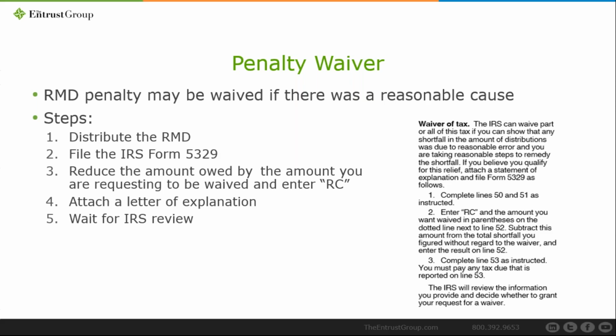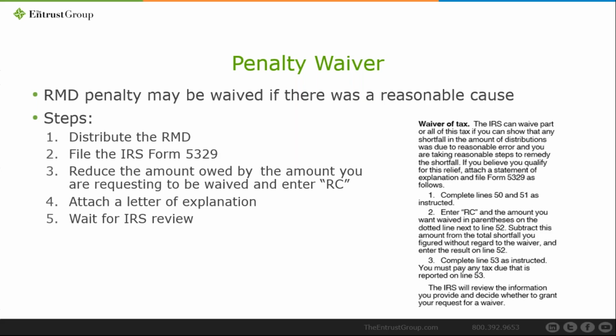And then from there, using the IRS form 5329, and it's on part 9, I believe, of this form, is where they will tell the IRS the amount that would have been subject to the 50% penalty, and put RC on the particular line. I believe it's line 53 of that form, and attach a letter on the back of that form stating what their reason is, whether it be they got stuck outside of the country because of a terrorist attack and they can't get back to the United States and request their distribution, whatever it may be.